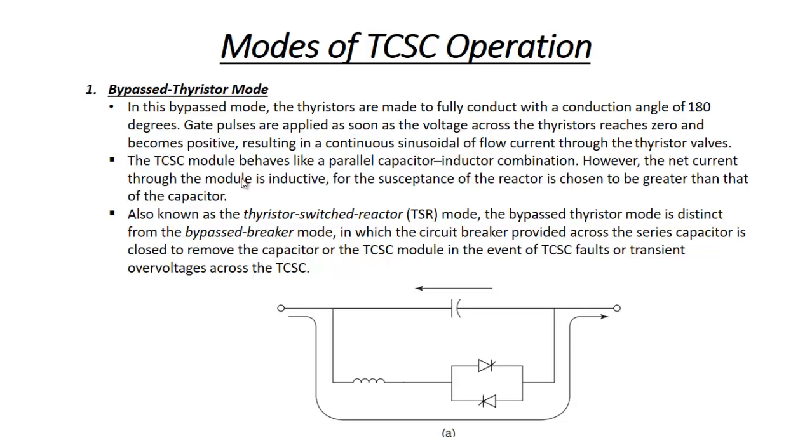You will see that both modes are almost the same, but in the bypass breaker mode, this will not come into the picture, whereas in this mode, some current will flow through this. That is the main difference between the bypass breaker mode and the thyristor switch reactor mode.